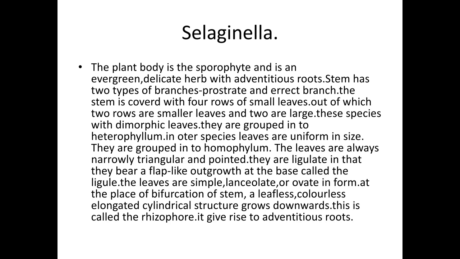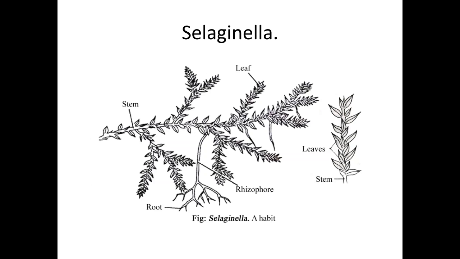At the place of bifurcation of the stem, there is generally a leafless, colorless, elongated, cylindrical structure. It grows downward, and this is called the rhizophore. It gives rise to adventitious roots at its end.